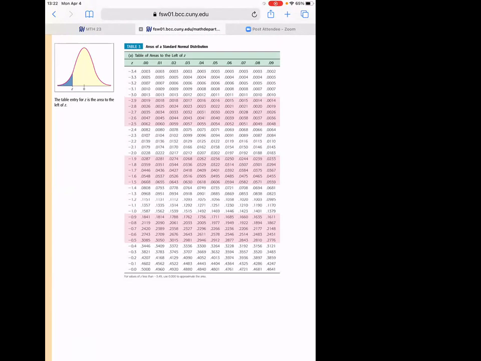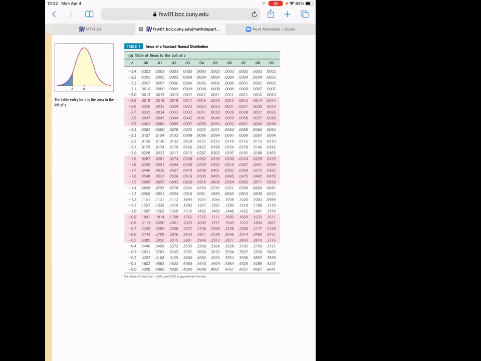We'll answer the question then, but first we need this table as the first step, and we'll discuss the second step in the next section. But first, we need to know how to use this table.